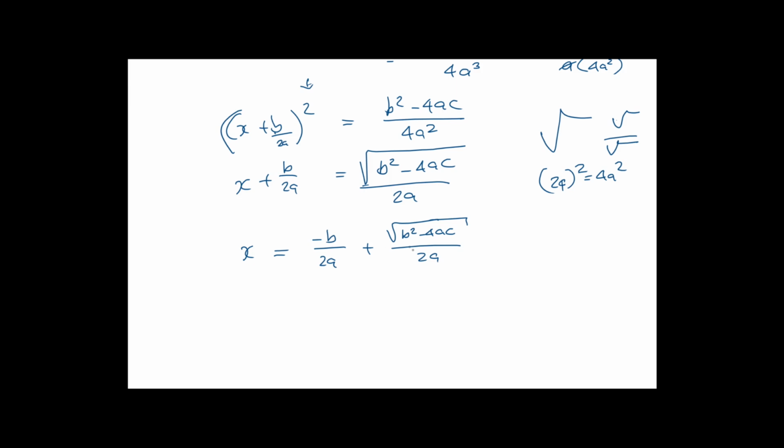They're over the same common denominator. And this is going to be plus or minus, isn't it? But it doesn't matter there because we know that the square root of 4a squared is 2a. So x equals minus b plus or minus the square root of b squared minus 4ac over that common denominator, 2a, and that's done.